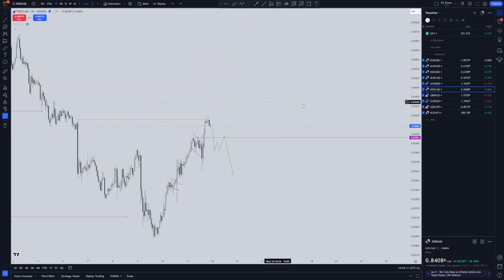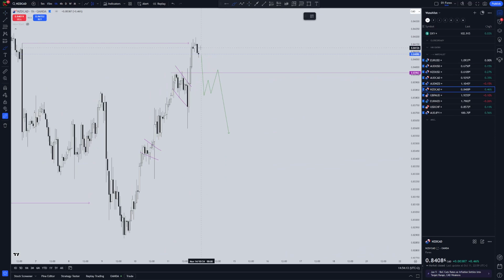My preferred move would be for price to impulsively break below or even a bit further down and then give us a bear flag continuation here for a short.